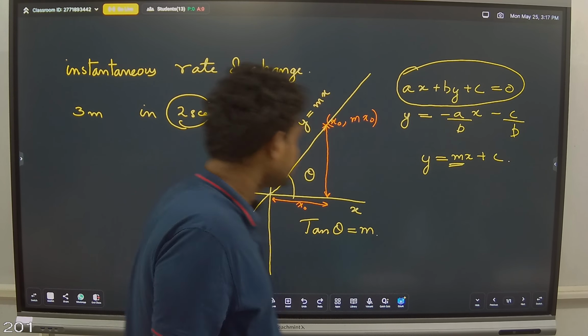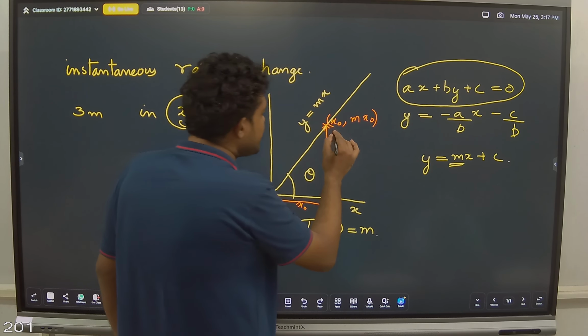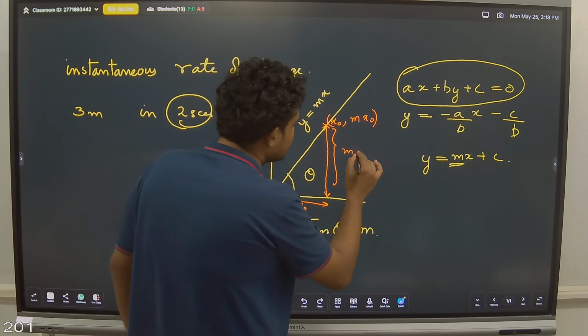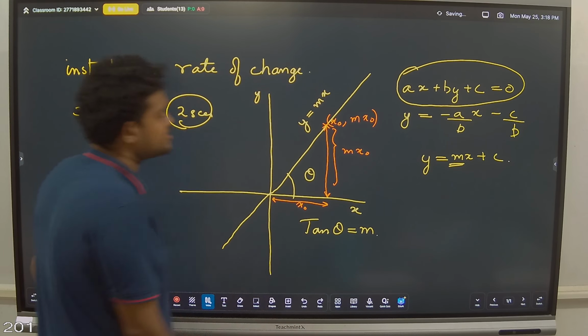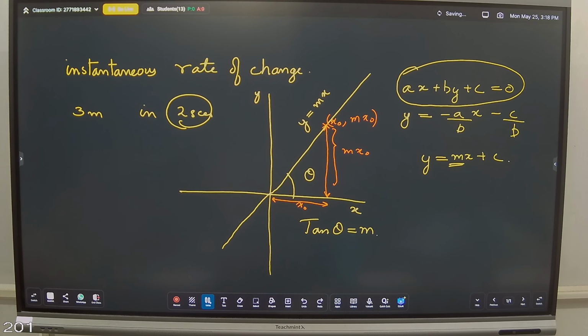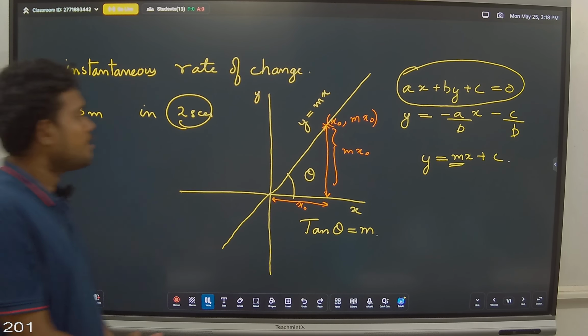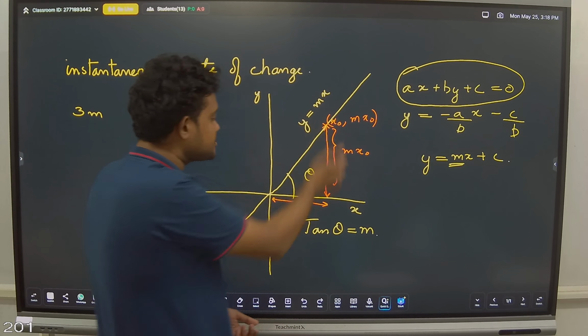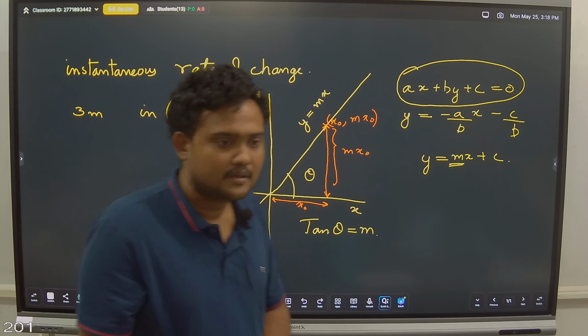So this is going to be mx naught, and this is going to be x naught. So what is going to be the tan of that angle? Opposite side by adjacent side, mx naught by x naught, which is m, right?